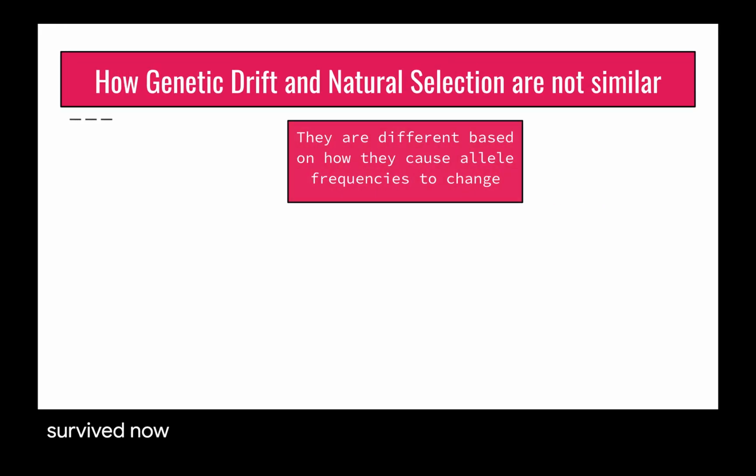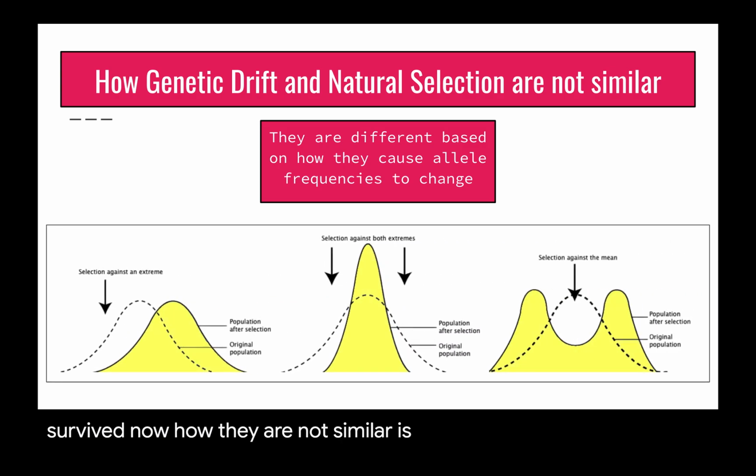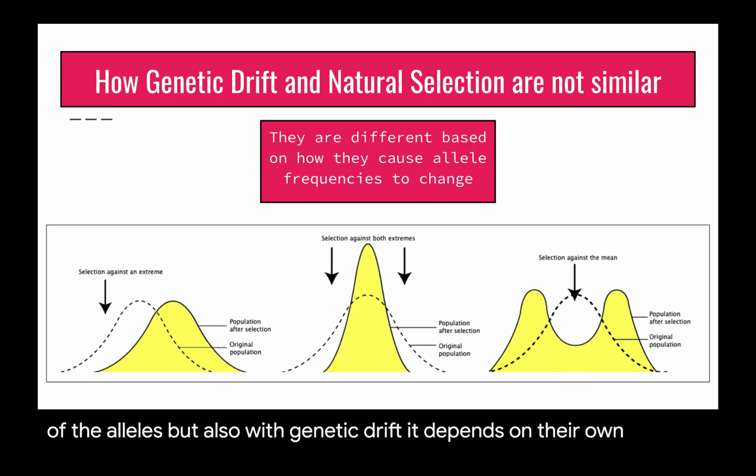Now, how they are not similar is that they differ in how they cause allele frequencies to change. As you can see, with genetic drift, they change based on the dominance and recessiveness of the alleles, but it also depends on their environment.